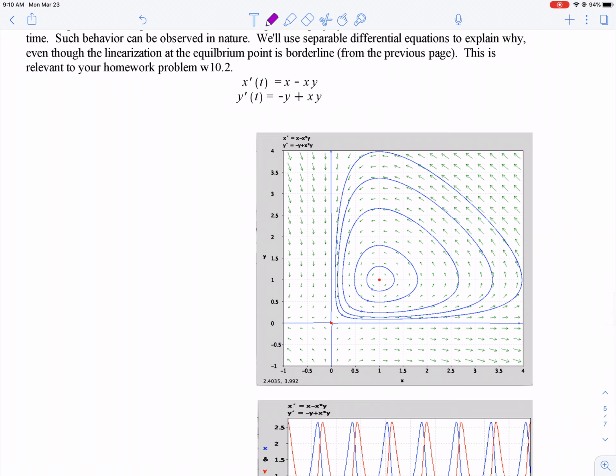So if you start close to the equilibrium solution (1, 1), you're going to stay close to the equilibrium solution (1, 1). So it sure looks like (1, 1) really is stable.